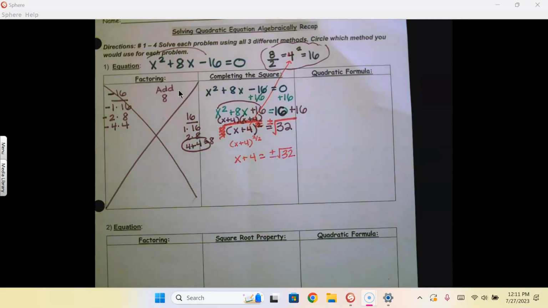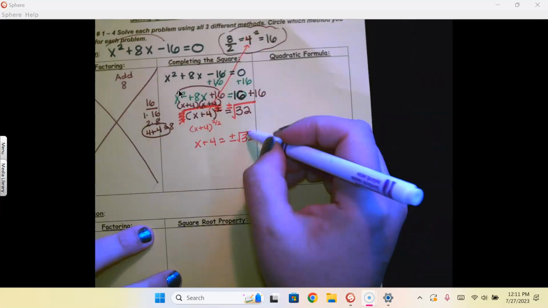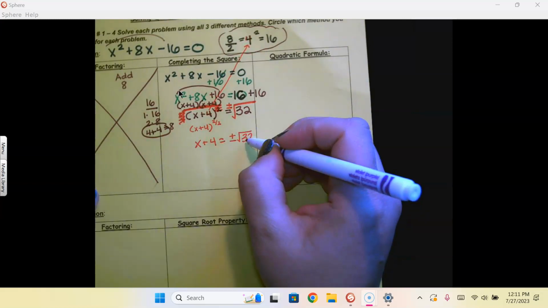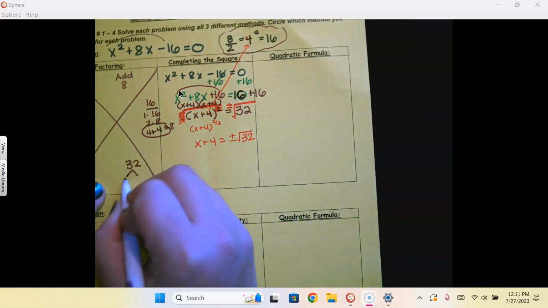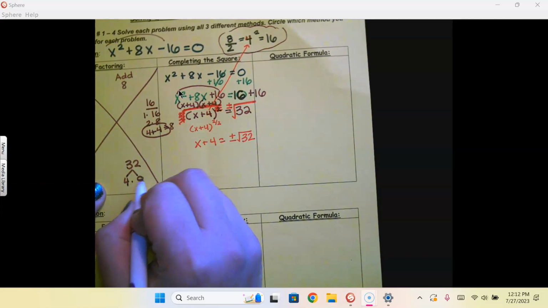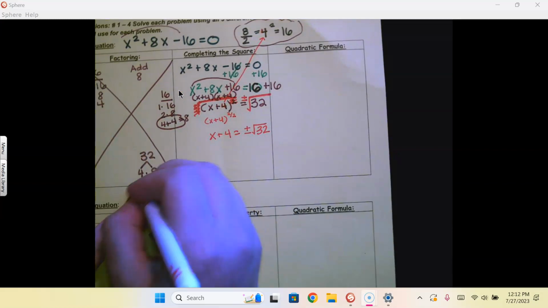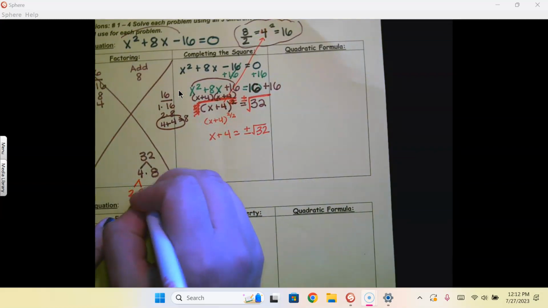Okay, so now we're going to simplify our radical here. Square root of 32, I'm going to make a factor tree. I'm going to pick any two numbers that multiply to 32, and then I'm going to keep going until they're all prime.